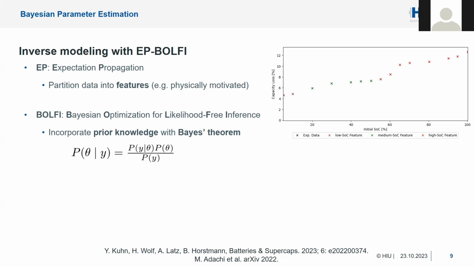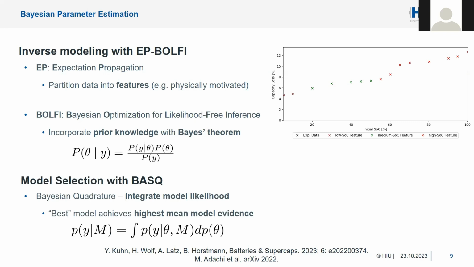It is a Bayesian inference mechanism which internally builds up a surrogate of your model, so it can run with slow models like electrochemical models. And then we use expectation propagation to discern our data into feature-wise pieces, and then we can do Bayesian inference feature-wise on our data.